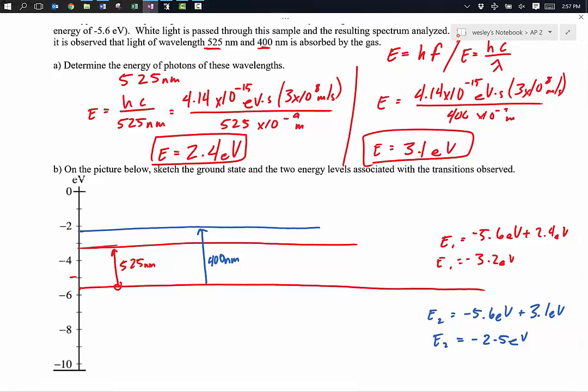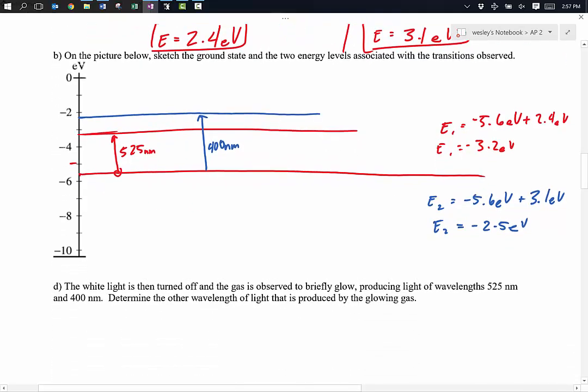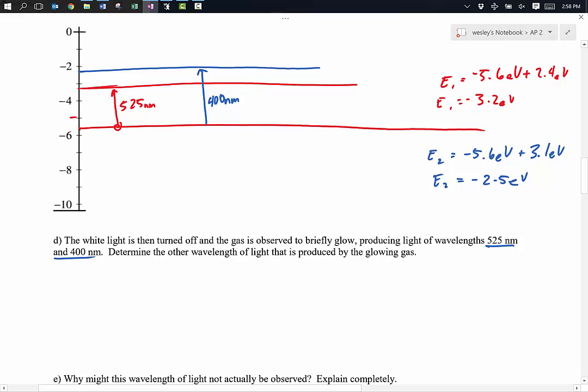Now, the next little bit says the white light is then turned off and it glows, and we produce one other wavelength other than the 525 and the 400. What could that be? Well, if we're looking at it, we've got our ground state down here at negative 5.6.